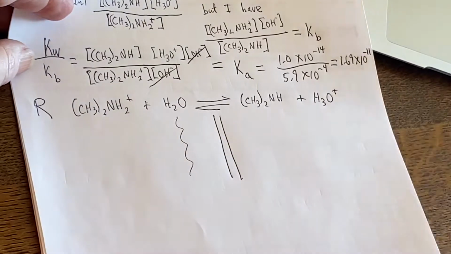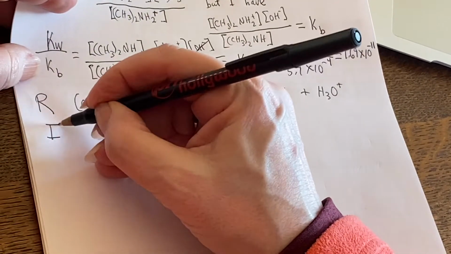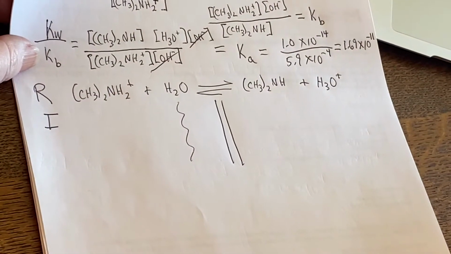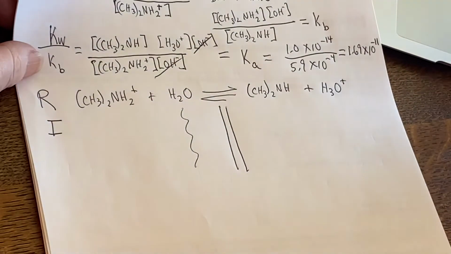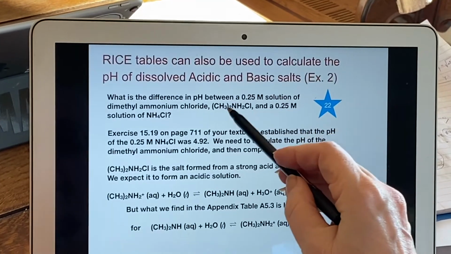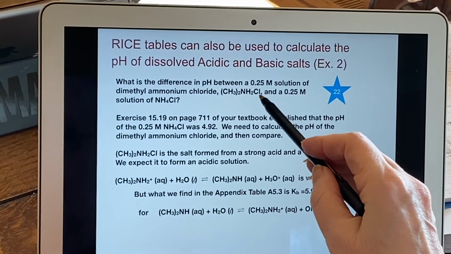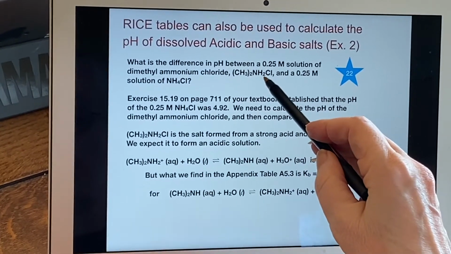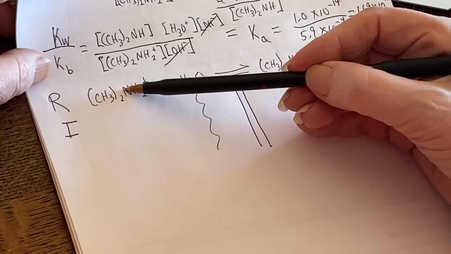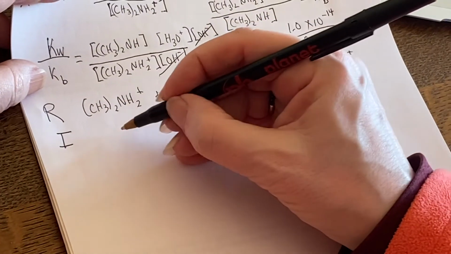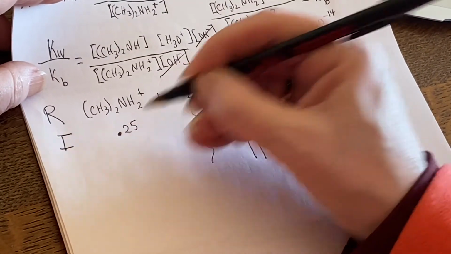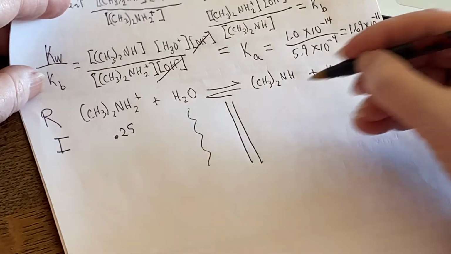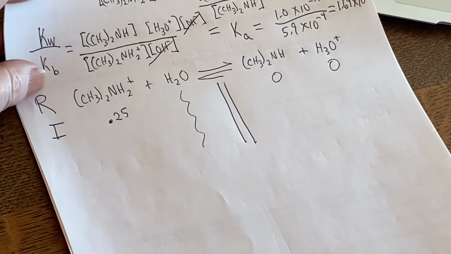That was R. What's initial? We've got to think about that for a minute. Let's go back all the way up to the top. It's a 0.25 molar solution of this. So if I separate this part off, that's this. I'm going to put the 0.25 here. This hasn't happened yet, so zeros.